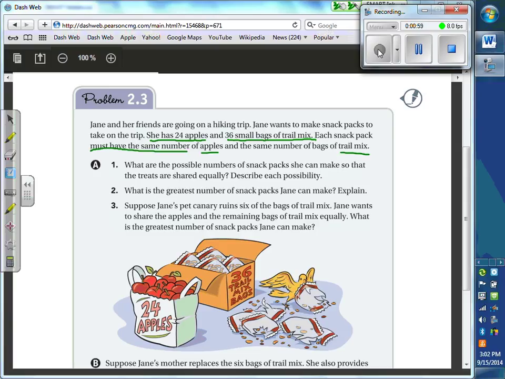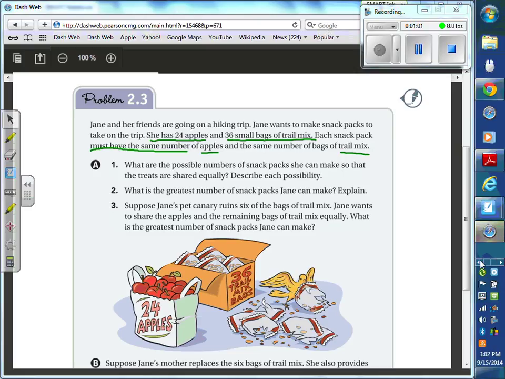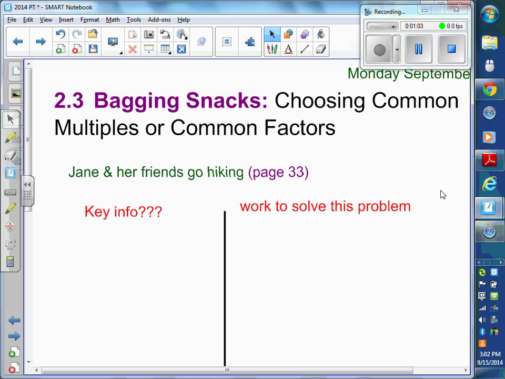So on your clear view, what's some key information? Something important. Yeah. We have 36 trail bags and 24 apples. That's right. They have 36 bags of trail mix, so I'll just say TM, and 24 apples.